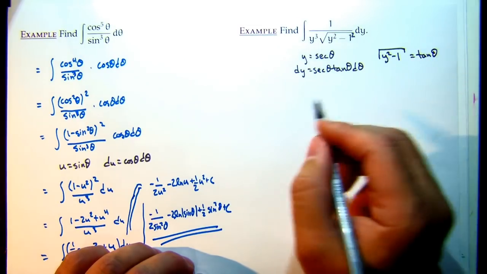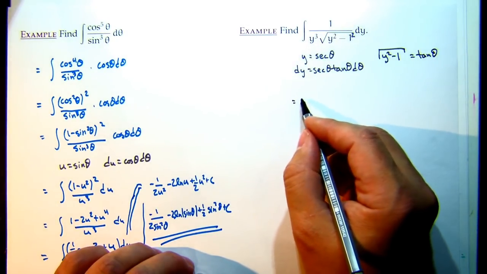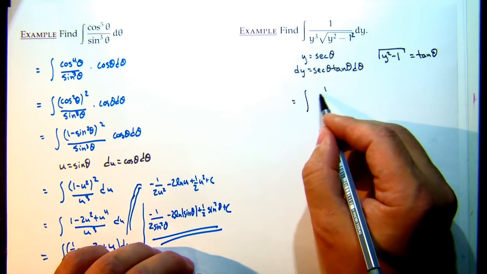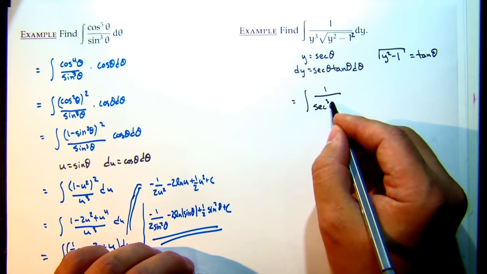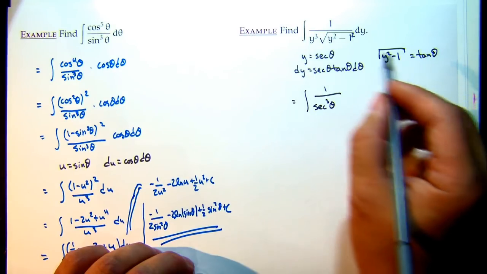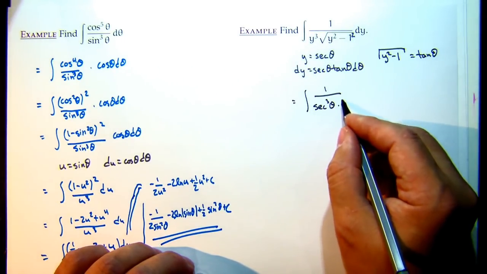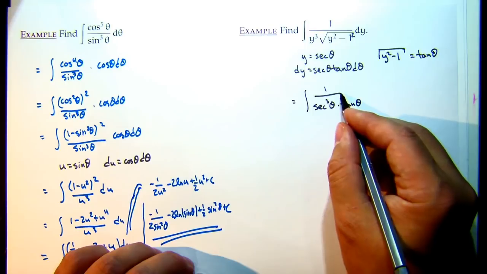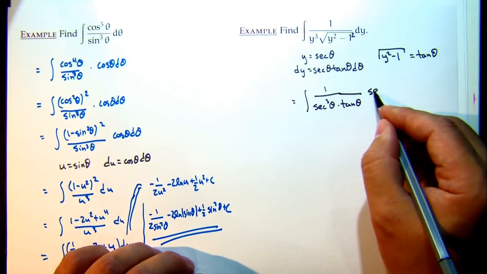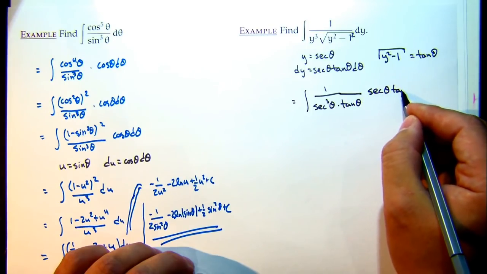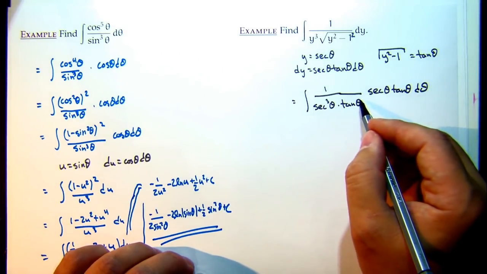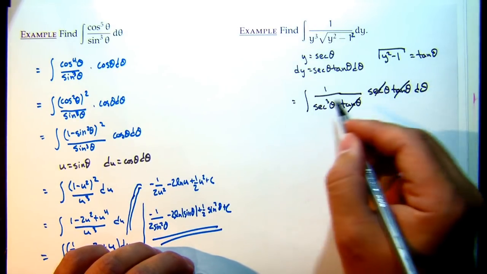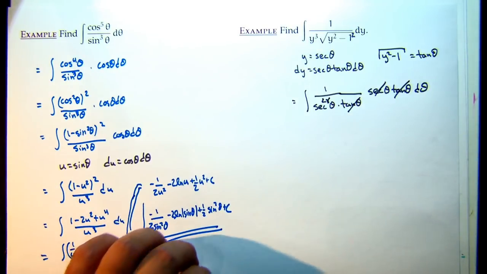All right, so if we make this substitution, we now have 1 over y cubed, secant cubed, then times square root of y squared minus 1, times tangent, then times dy, which is times secant times tangent. Well, we start canceling, and we get down to 1 over secant squared.